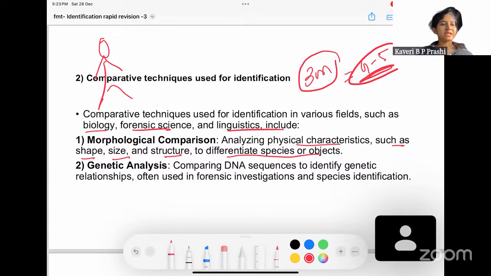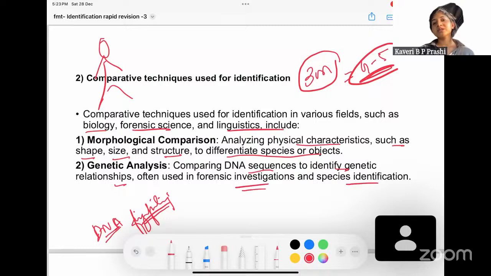Next, we have genetic analysis. What is genetic analysis? Comparing DNA sequences to identify genetic relationship. That is, you look at the DNA, basically you're doing DNA fingerprinting. And after doing DNA fingerprinting, you compare and find out whether the DNA is of a particular person or not. This DNA fingerprinting is used in forensic investigation and for species identification also.